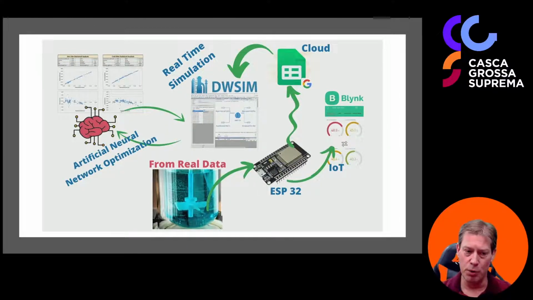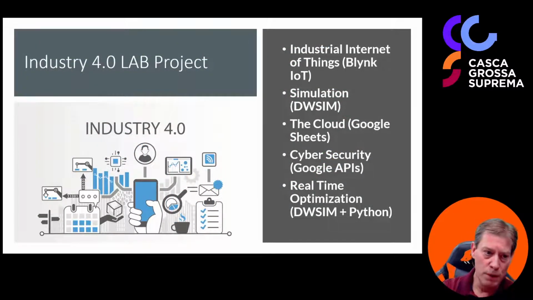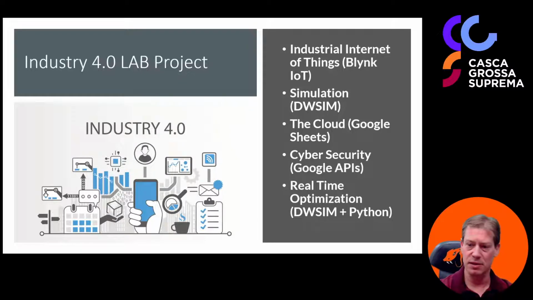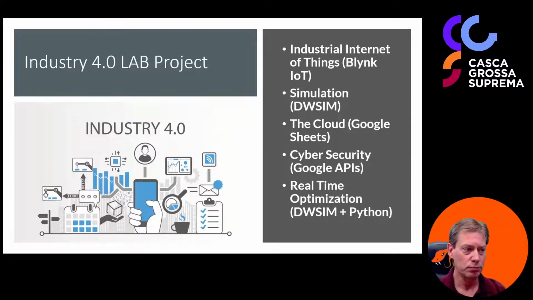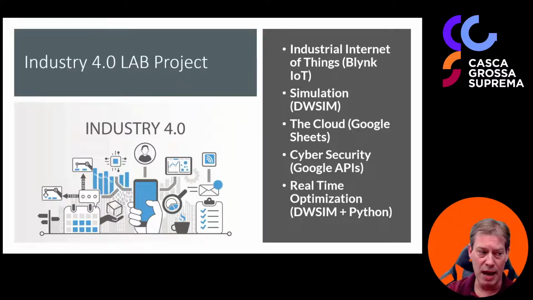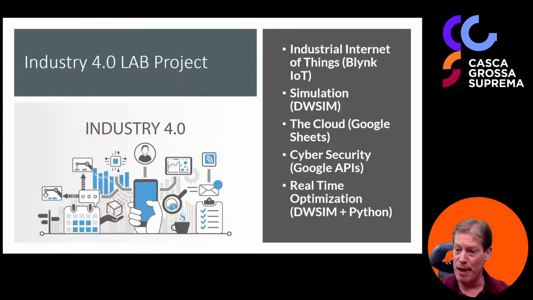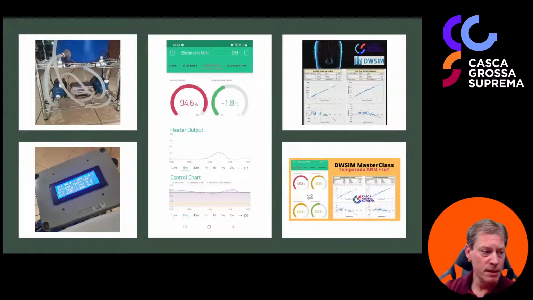So it's a project that uses the industrial Internet of Things with Blynk IoT. We send this data to the DWSIM through the cloud using Google APIs, and make a real-time optimization with DWSIM and Python. And also, yes, it's possible to make pinch analysis for hot and cold stream analysis with the DWSIM. So this is very good.